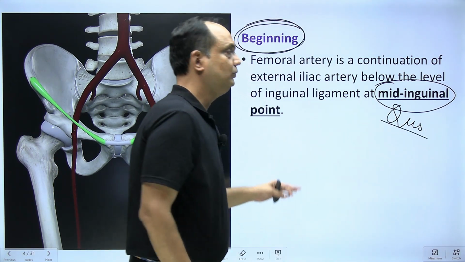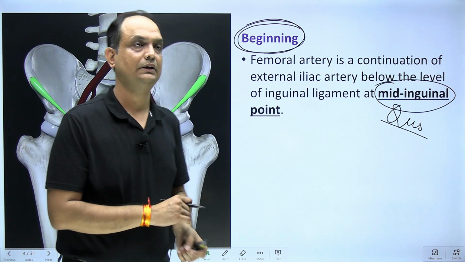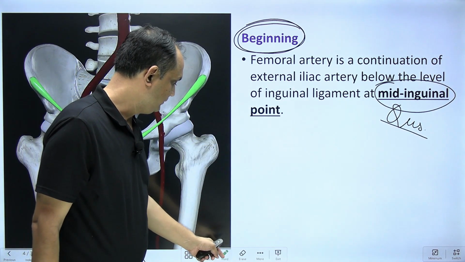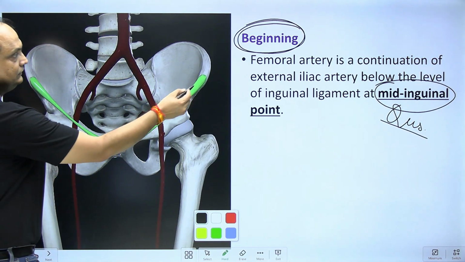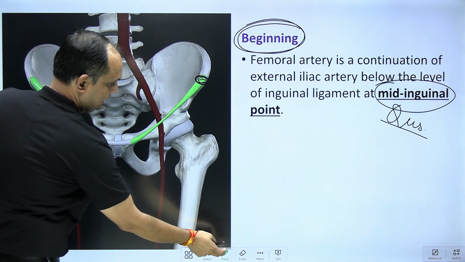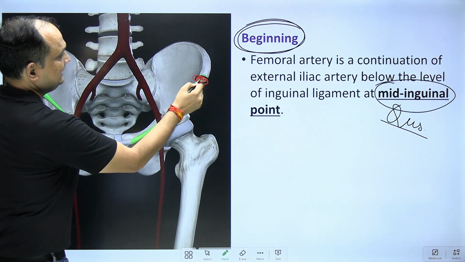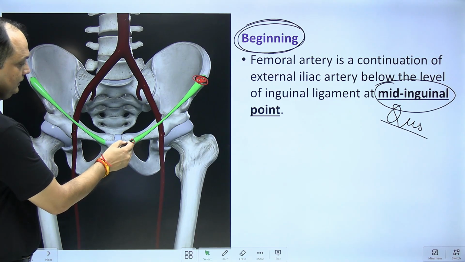There are two terms you will have: midpoint of inguinal ligament and mid-inguinal point. The mid-inguinal point is actually the midpoint of this whole length. Now this is your anterior superior iliac spine, and you know that the anterior superior iliac spine gives rise to the lateral attachment of the inguinal ligament. Here you will have the pubic tubercle.